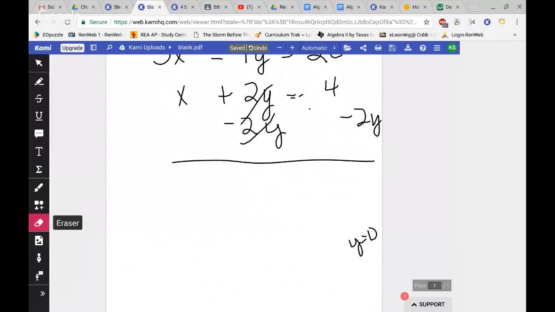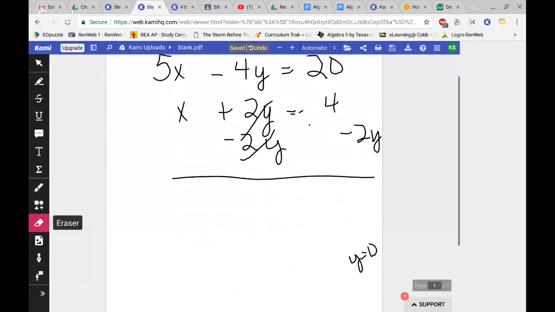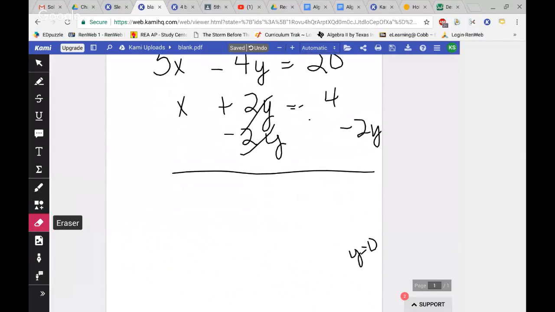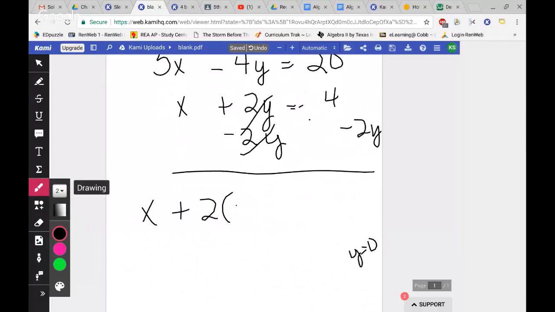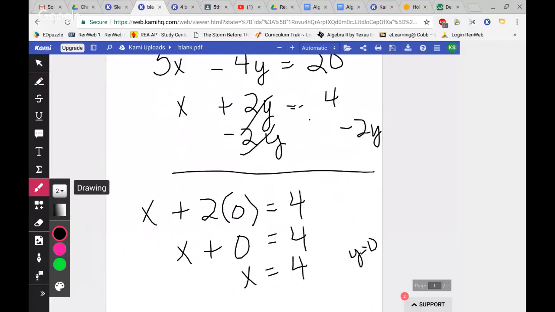I could plug it in either one, but I've got x plus 2 times 0 equals 4. x plus 0 equals 4. x equals 4. So my ordered pair is 4, 0. Does that make sense? Yes. Okay, good. You want to do some more?